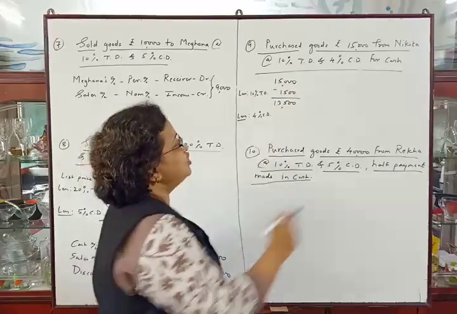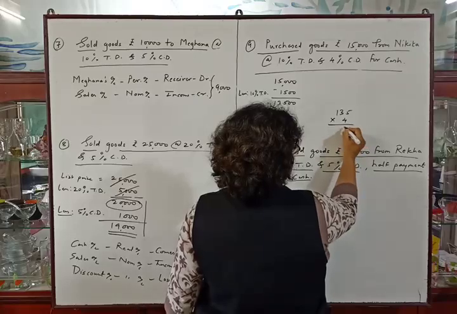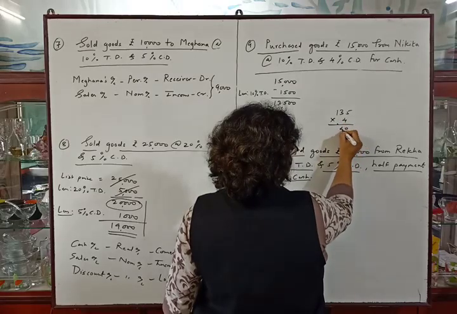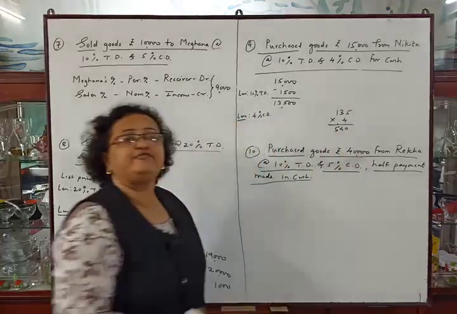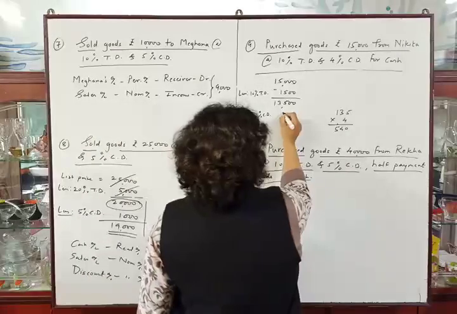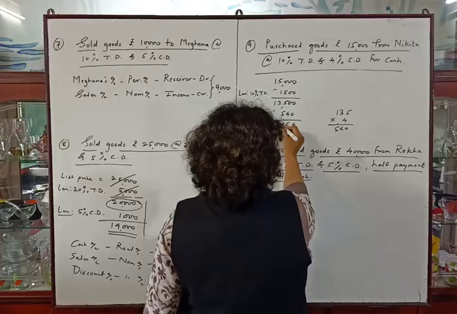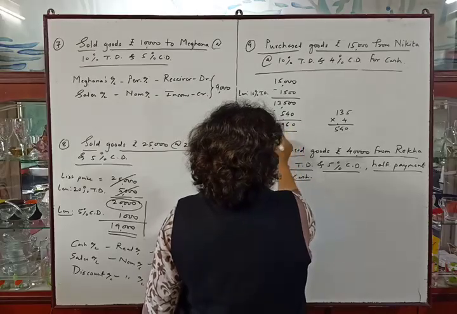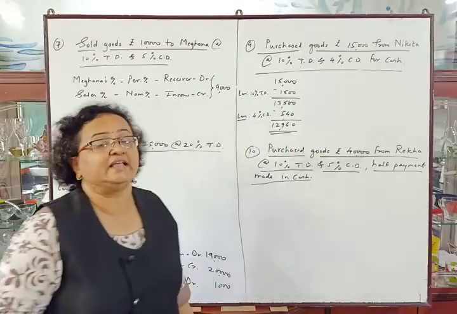So 135 will be 1% into 4, 540. The discount will be 540. So 540 we will deduct from this amount. So the final amount will be 12,960.